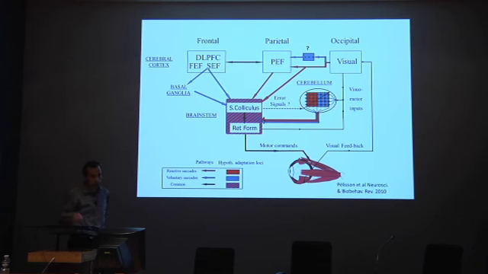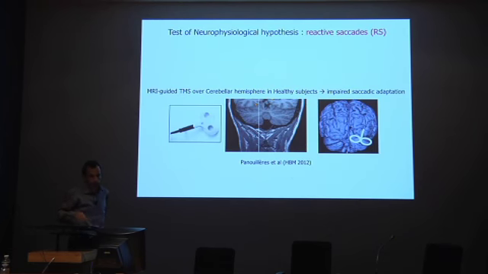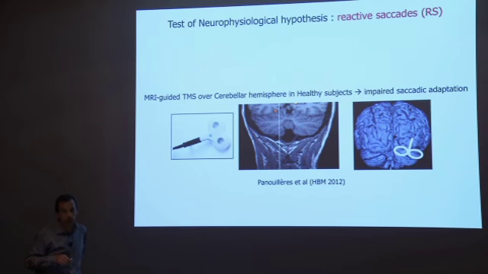So now I will present you a series of experiments that were aimed mostly at testing this kind of model. So first of all, we used TMS, transcranial magnetic stimulation, over the cerebellar hemisphere in healthy subjects with Muriel Panouillère, in collaboration with Bas Negers and Martin Frans in the Netherlands.